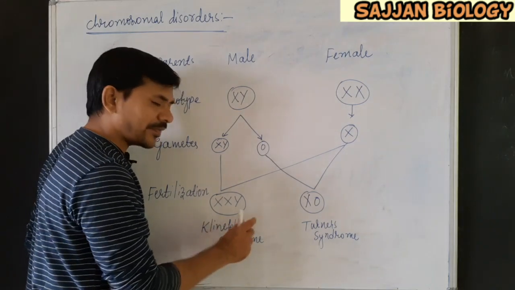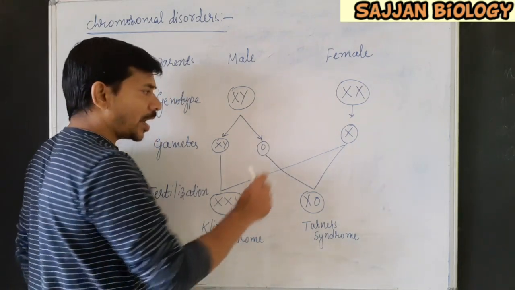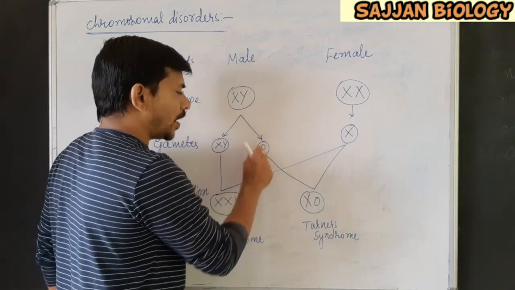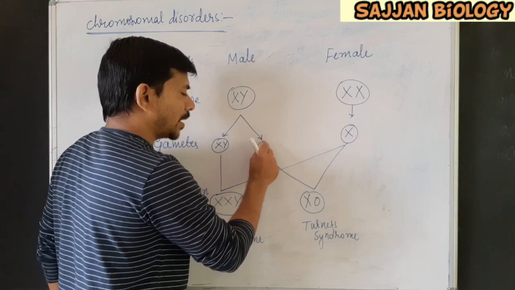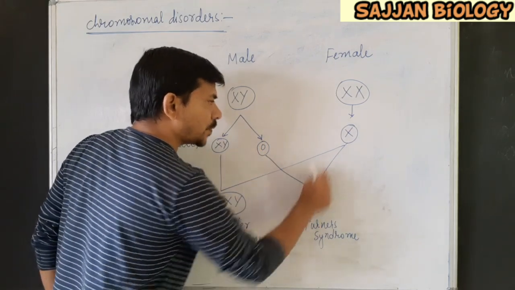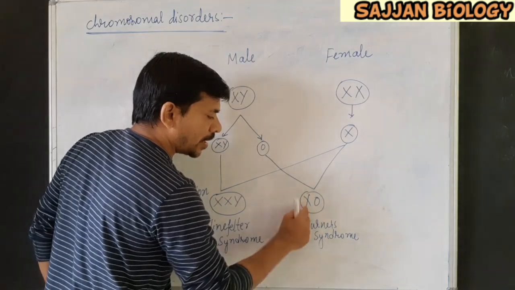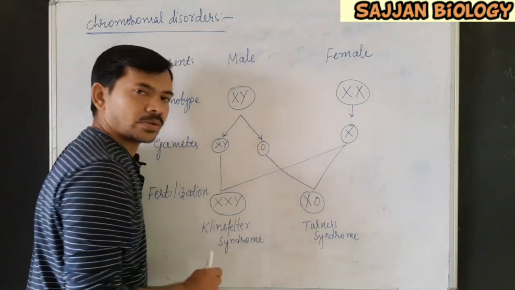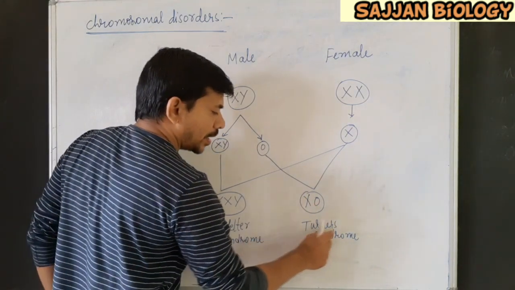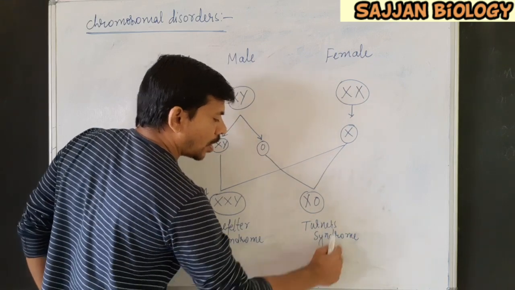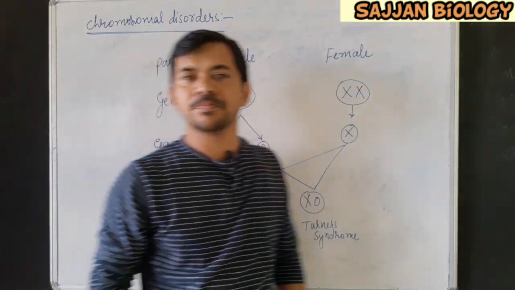It causes Klinefelter syndrome. The gamete with no chromosome, if fused with the female gamete, forms XO, and this condition we call Turner syndrome.